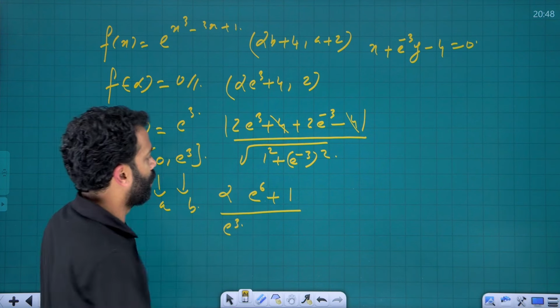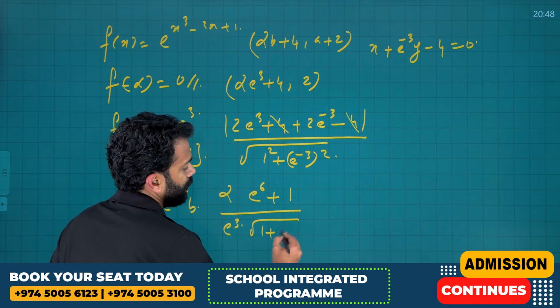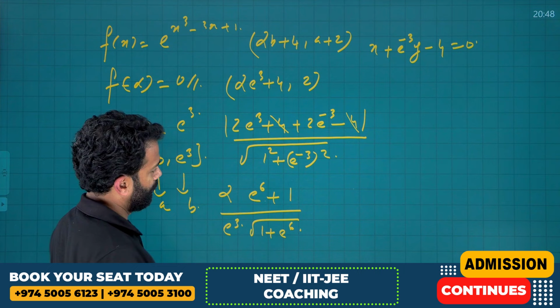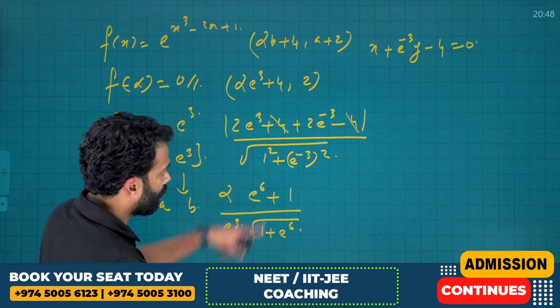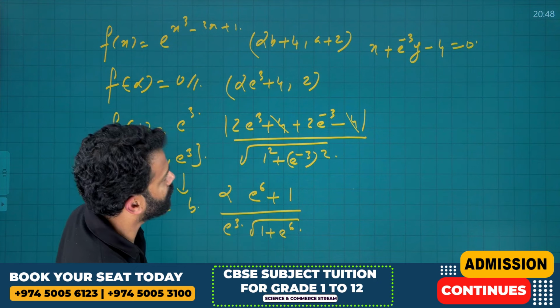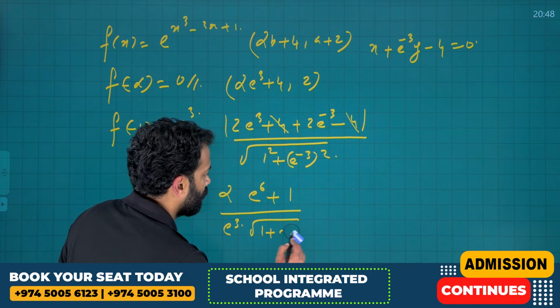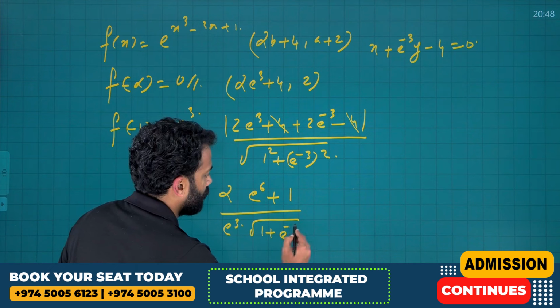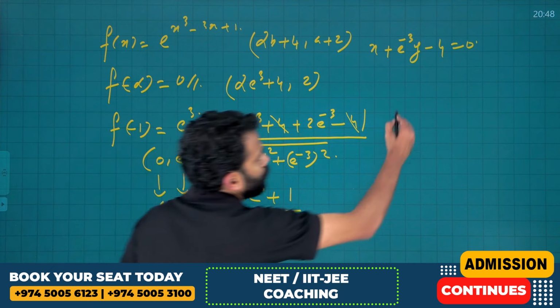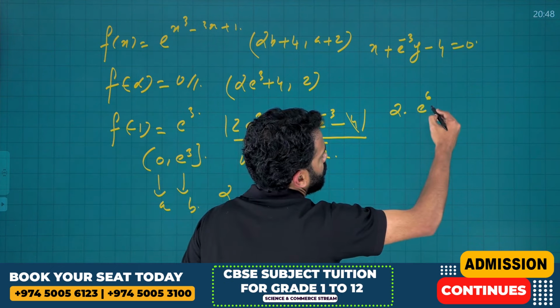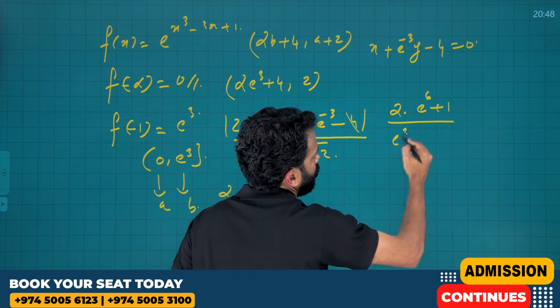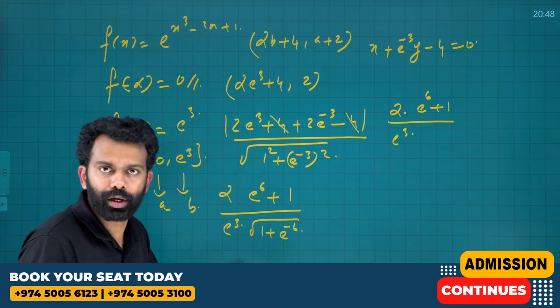So the denominator will be root of 1 plus e raised to minus 3 the whole square, that is e raised to minus 6. Sorry, mistake, that is e raised to minus 6. So this will be 2 into e raised to 6 plus 1 divided by e cube into this, you can write it like 1 by e raised to 6.